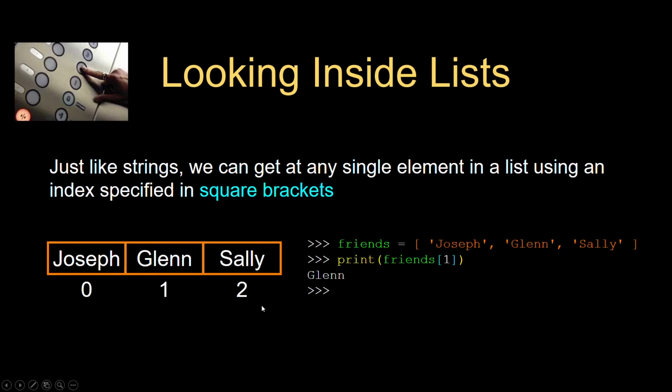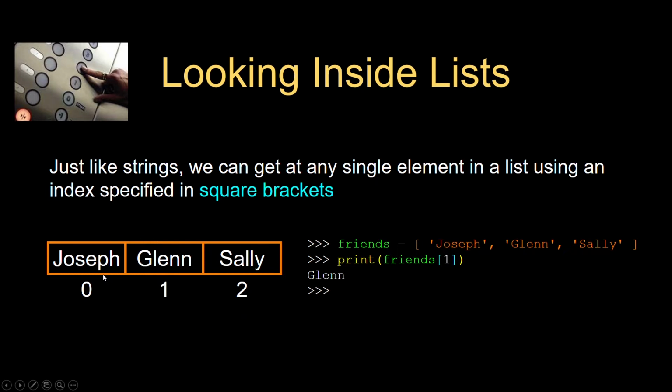If we want to change the third item in the list, then we have to say friends square bracket 2 equal the new value, whatever we want to change it to. Anyway, a list has an index, and this index represents a kind of position. Based on the position we can pick up elements as well.